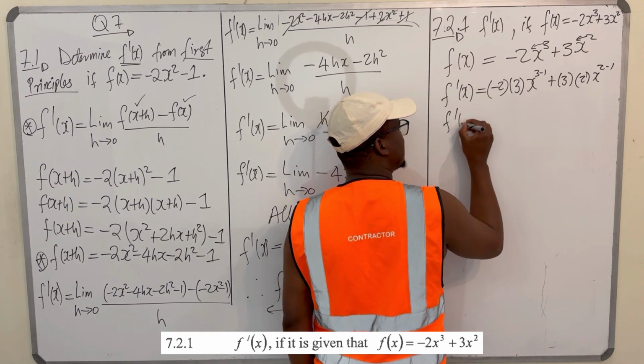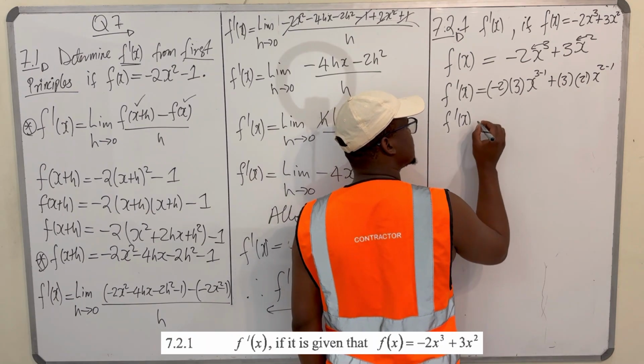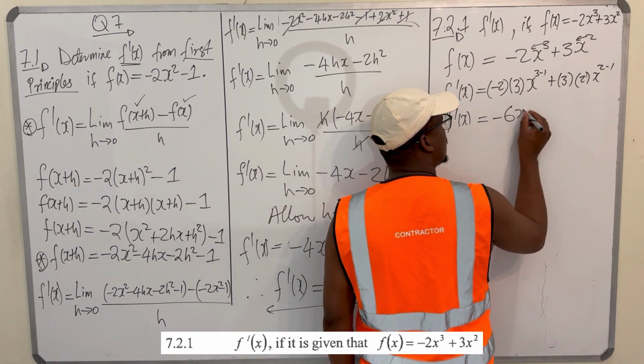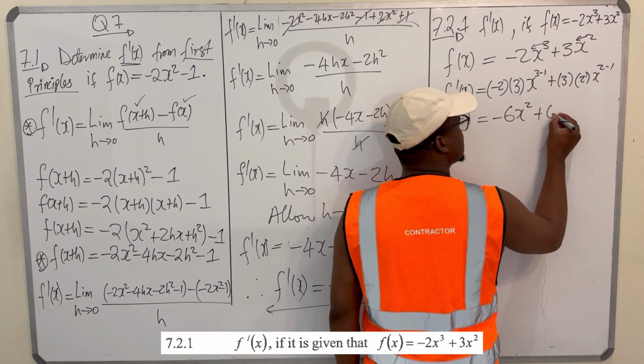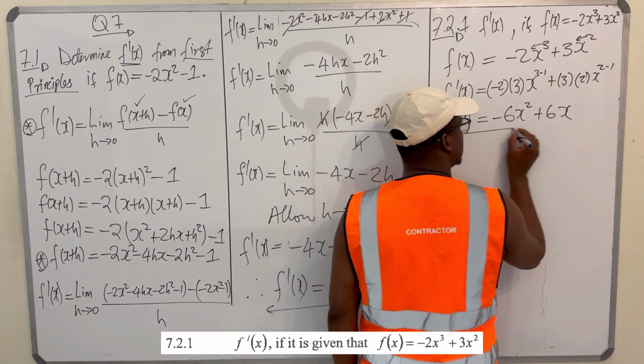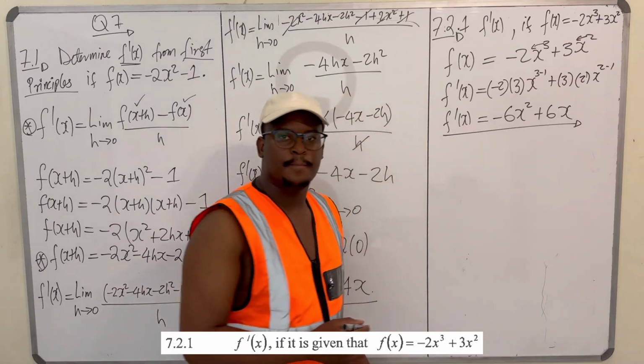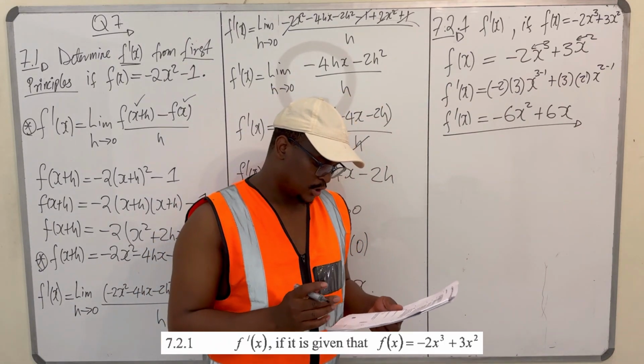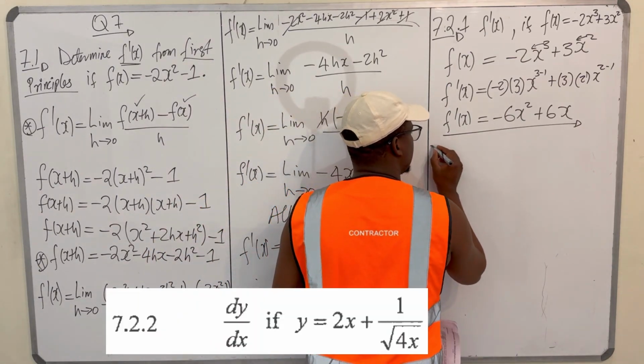So your f prime at x, the derivative of f with respect to x, is equal to negative 6x squared plus 6x. So this is the derivative of f with respect to x. So move on to 7.2.2.